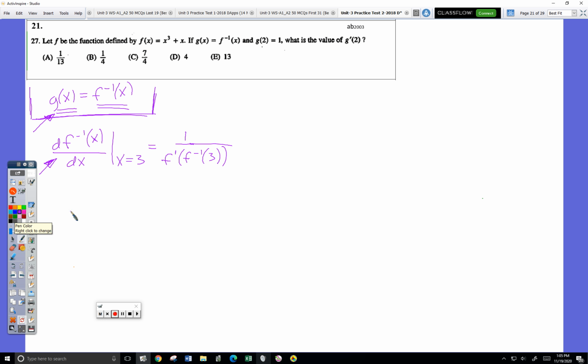Okay, g of 3 equals, and then 1 over g prime of 3, or just g of 3. Tell me what you want to write. I don't know what you want. On the bottom, f prime, and then just the inverse of f of 3.